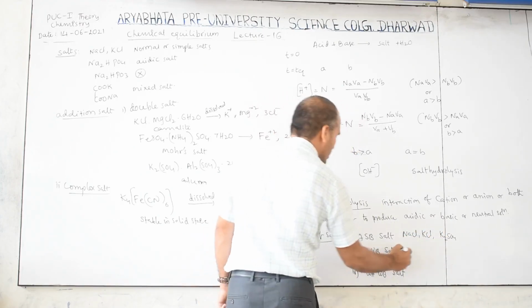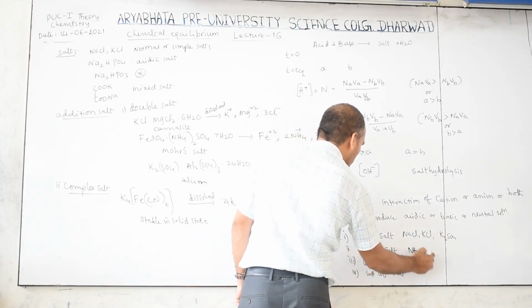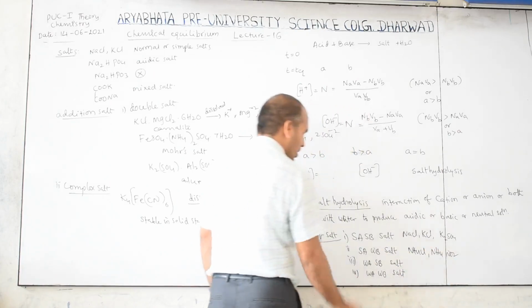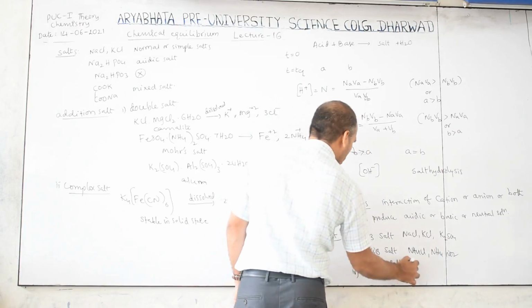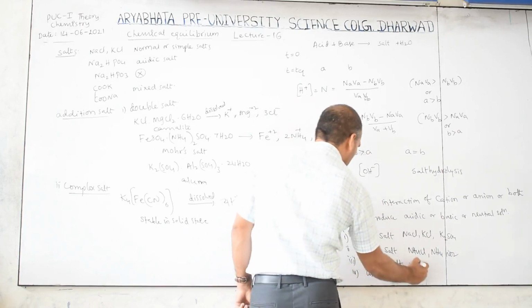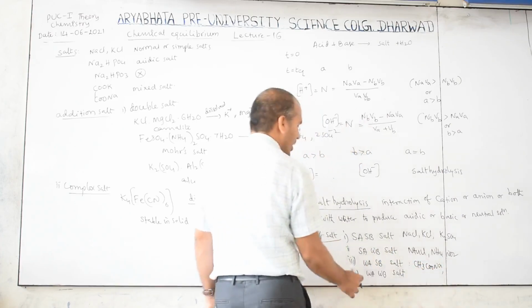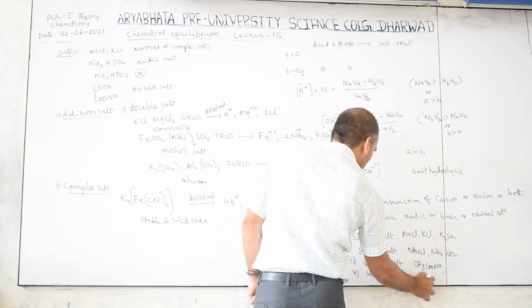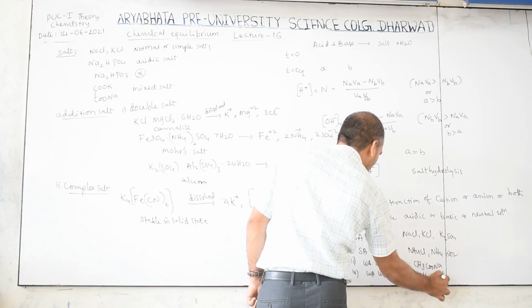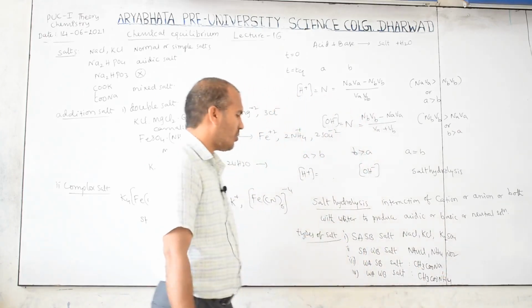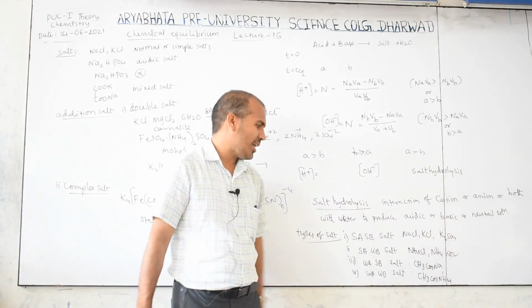Strong acid, weak base salt means NH4Cl, NH4NO3. Weak acid, strong base means CH3COONa. Weak acid, weak base means CH3COONH4. If you do not understand, I will give a detailed explanation of each one.